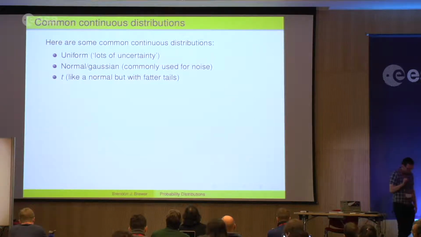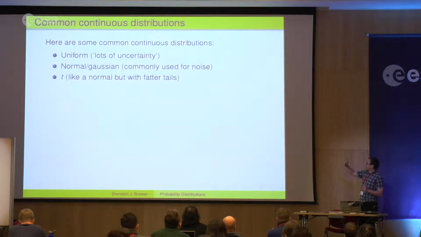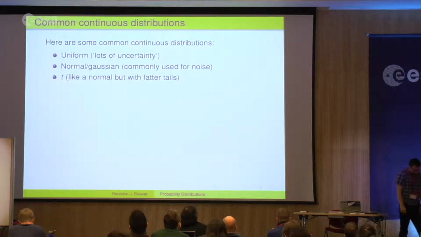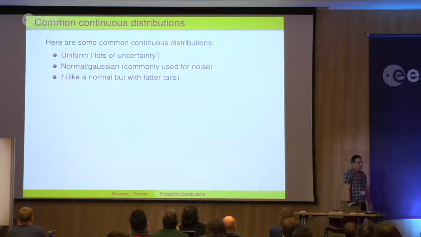And I just said a sentence. I'm very nitpicky about these sentences that I say. I said the normal distribution is often used to model the distribution of the noise that you get in data. What it really is, I would say, is that the normal distribution is often used as your prior for the value that the noise takes in your data set.